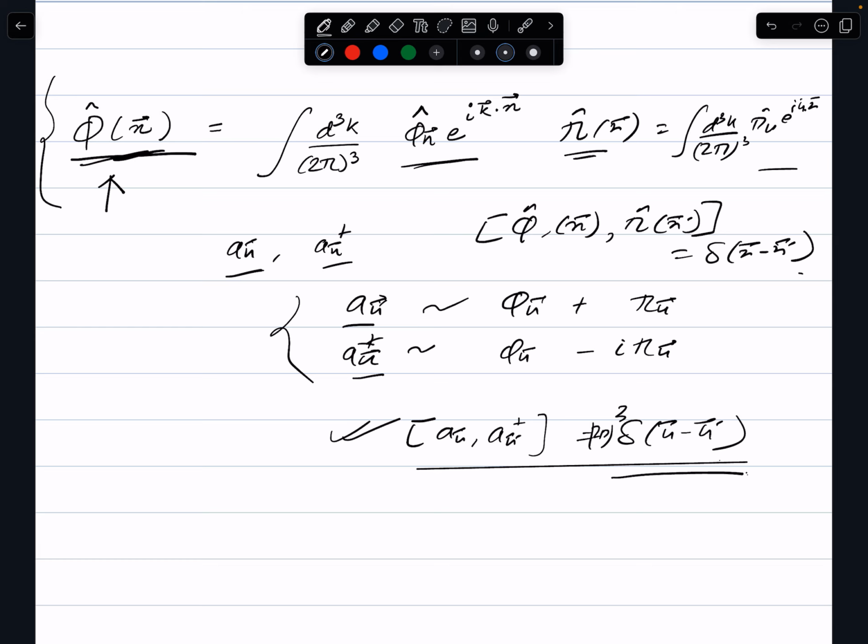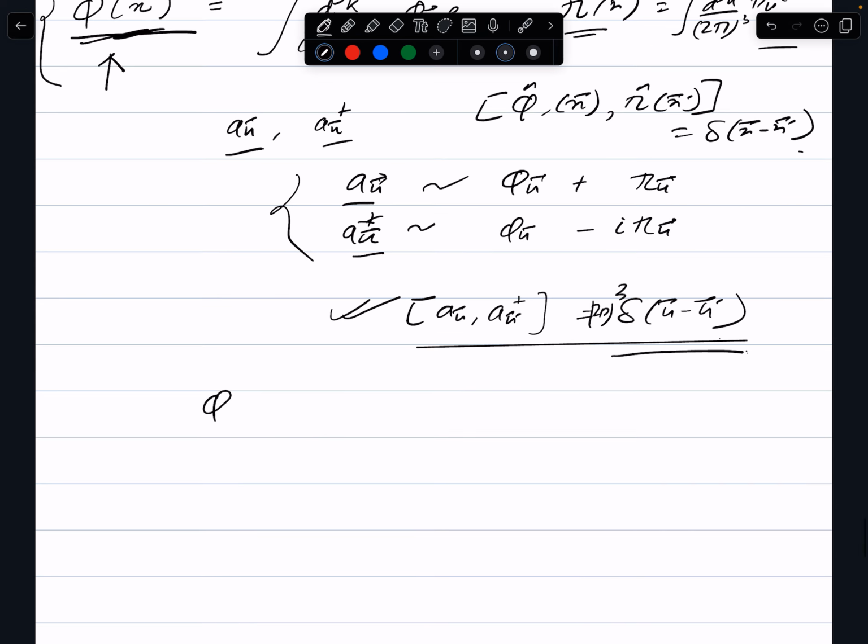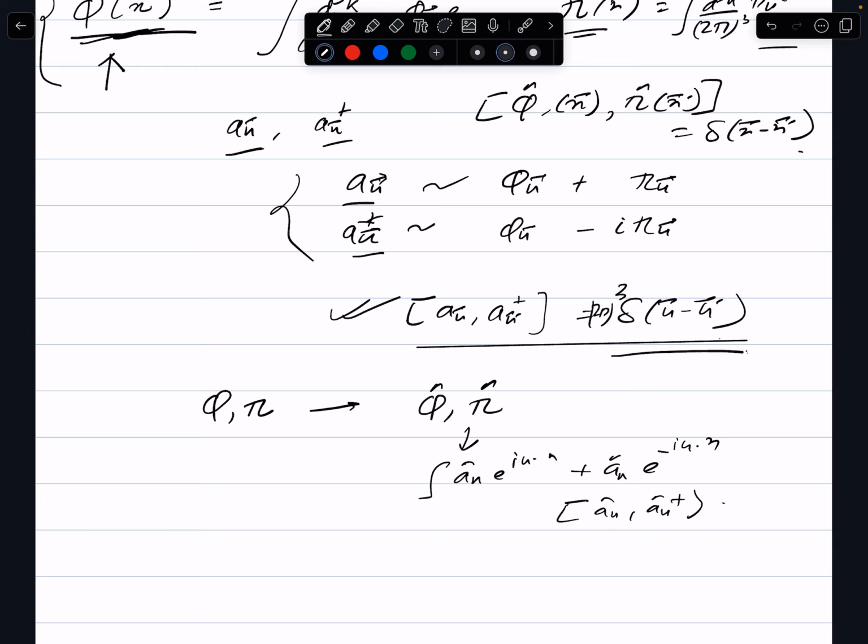Okay. So one algorithm is start from phi and pi, make them into operators, and then check that if I decompose them into some terms like this, then the operators that appear here satisfy the commutation relation.